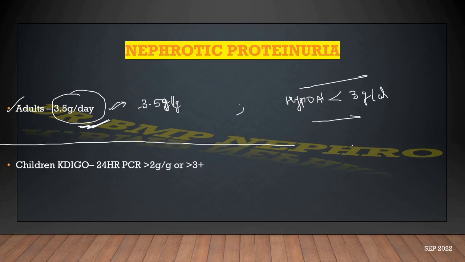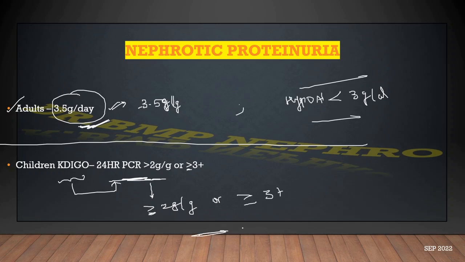If we take children, as per the KDIGO guidelines, to say nephrotic range proteinuria, the 24-hour urine protein creatinine ratio, the PCR, should be more than or equal to 2 gram per gram, or if the dipstick is more than or equal to 3 plus, then it can be considered nephrotic range proteinuria.